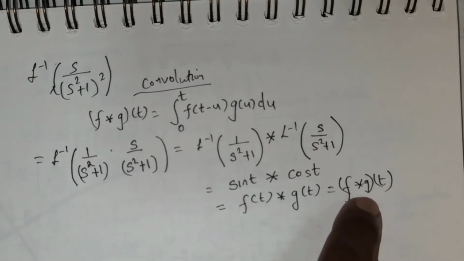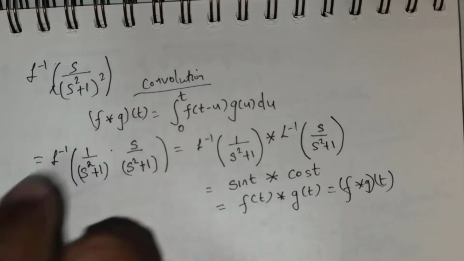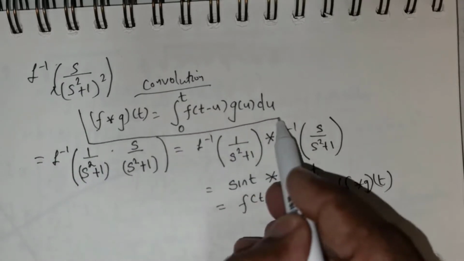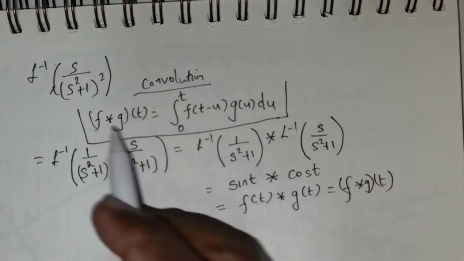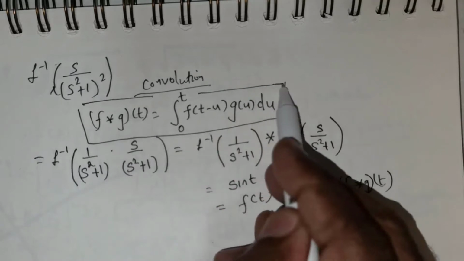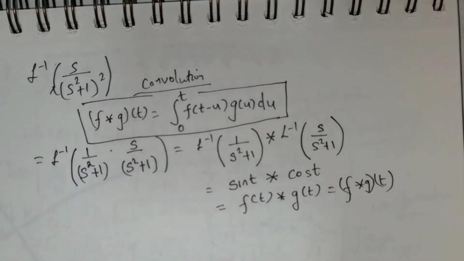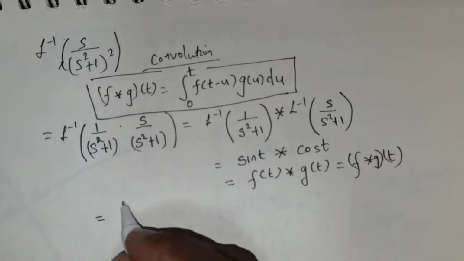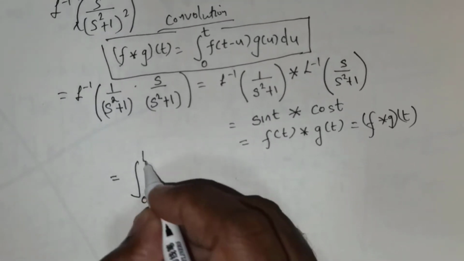Now we have to use the technique of convolution on this particular function, and that's exactly what we are going to do. Using this formula, I can rewrite this as the integral from 0 to t.